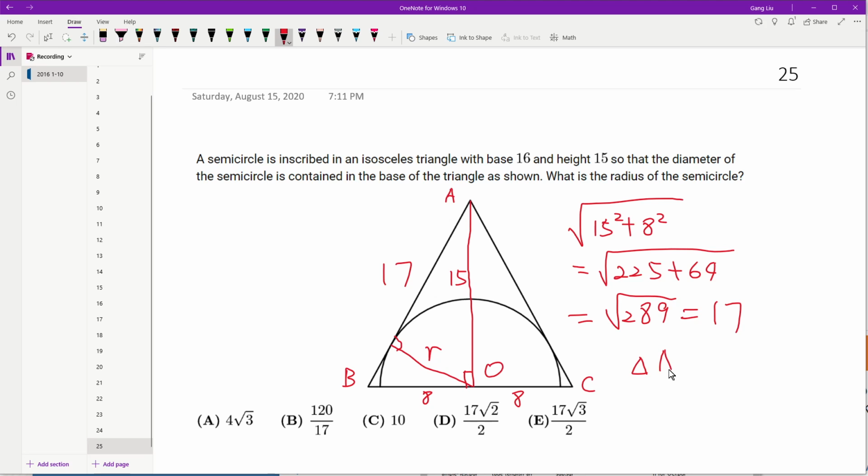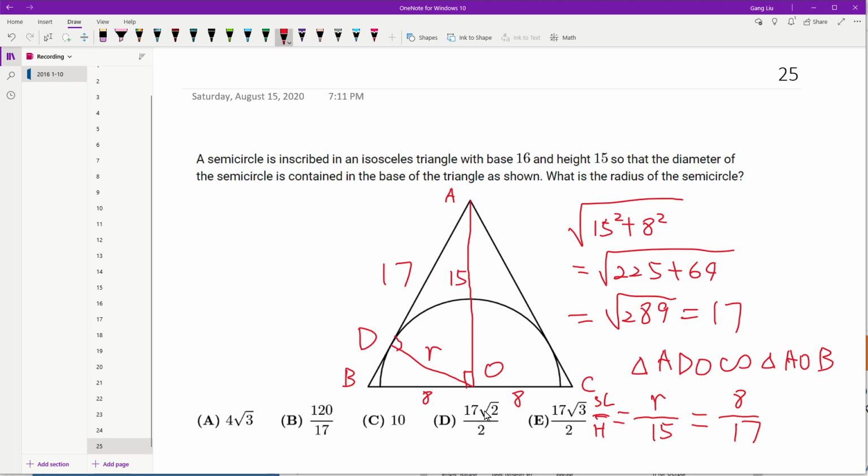So if we say the radius is R, based on the similar triangle, let's say this is AD. Triangle ADO is similar to triangle AOB, and then R over 15, the short leg over hypotenuse, is equal to, this is the short leg, this side is 8 over 17.